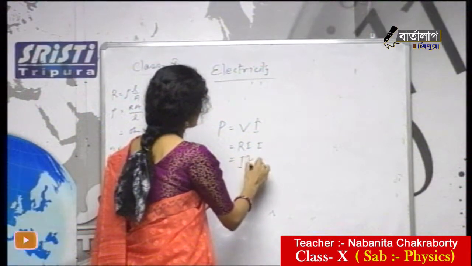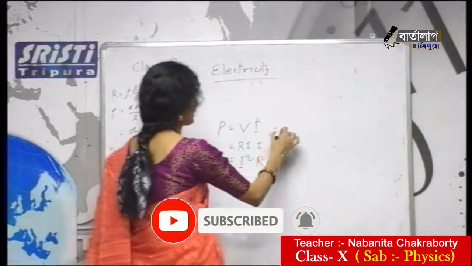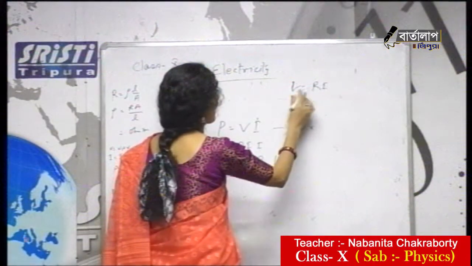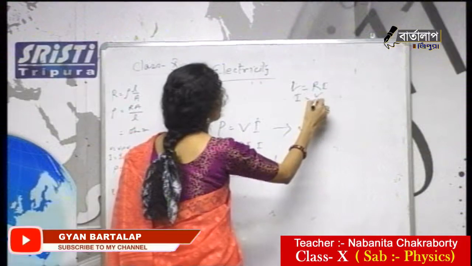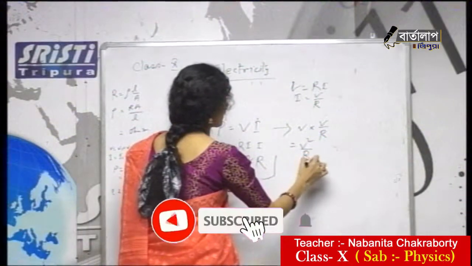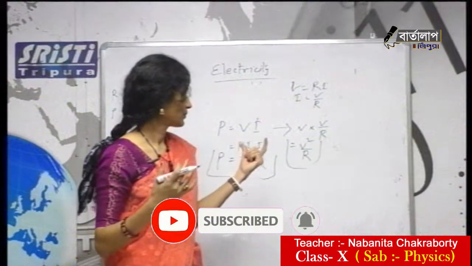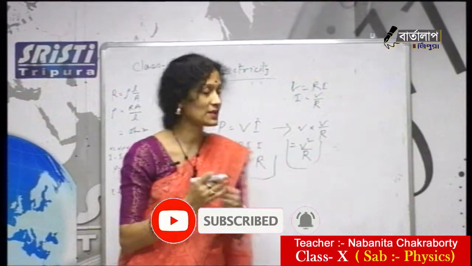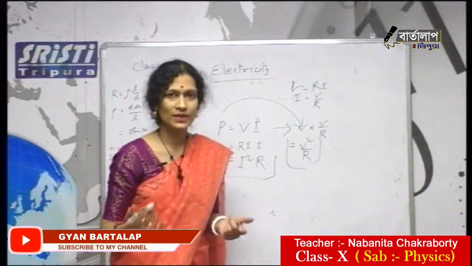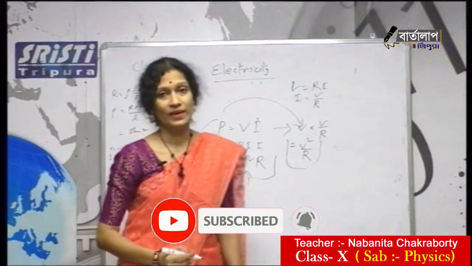That means you can write that P equals I square R. We also can apply that rule: V equals IR, that means I equals V by R. That means P equals V square by R. So whenever we solve the numerical examples, we can use this formula also, V square by R, whenever V and R are given, and we also apply P equals I square R.